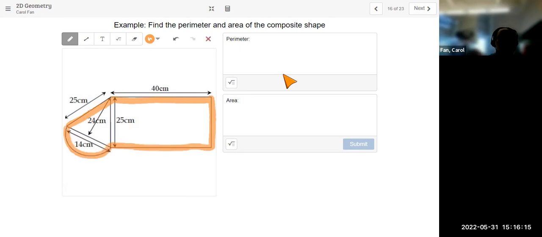So what I don't have is the semicircle. I do know that this side is 25 because this side is the same as this one, and this side is the same as this one, so I have 40.